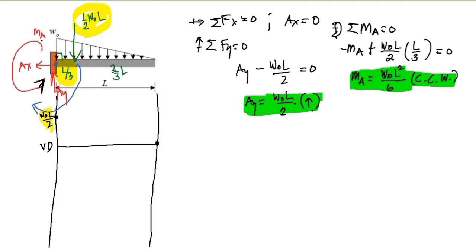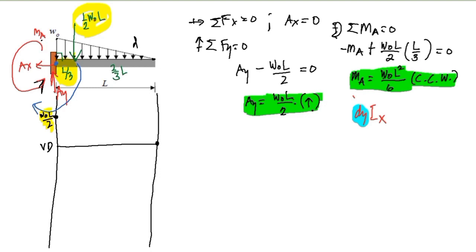Ngayon, kung titingnan natin, galing dito sa point na to, siya ay W sub O, at pagdating naman dito sa point na to, siya ay 0 na. So meaning, our load is decreasing. So if we are going to review our dy/dx, since our load is decreasing, then we are going to apply this dy. Since decreasing siya, magbe-bend tayo ng y-axis later.